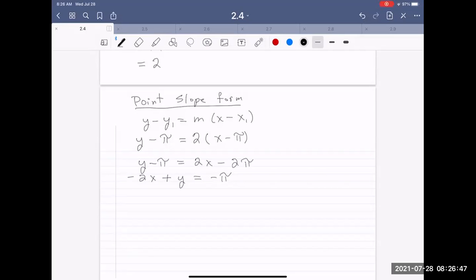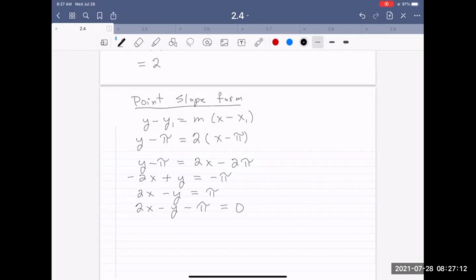So change all the signs. Oh, you want the general form. Oops. Bring pi over to the other side. There.